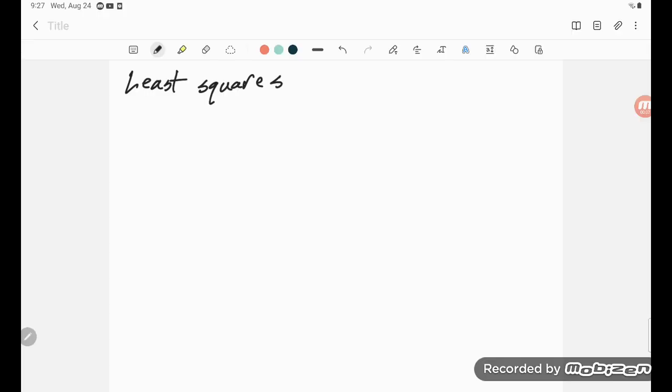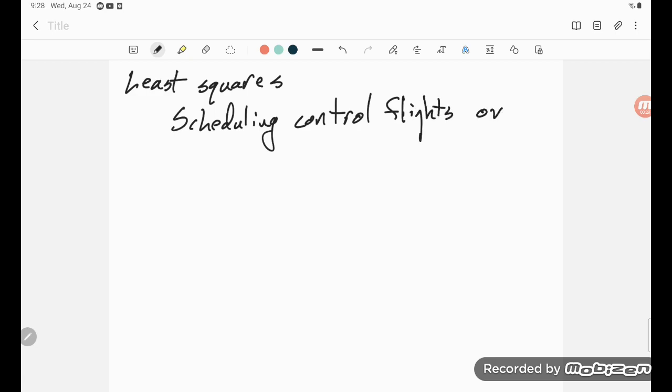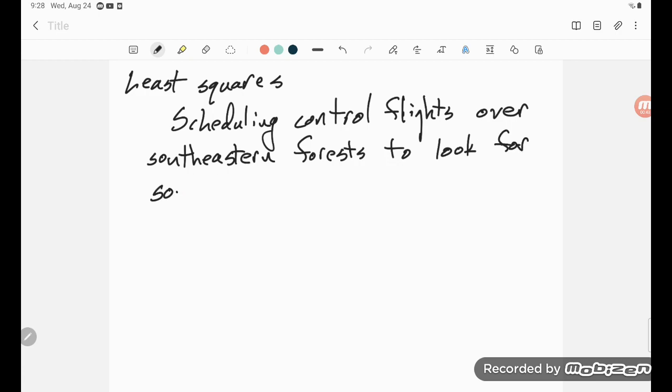Another place I used it was, I was looking at scheduling control flights over southeastern forests to look for southern pine beetles.